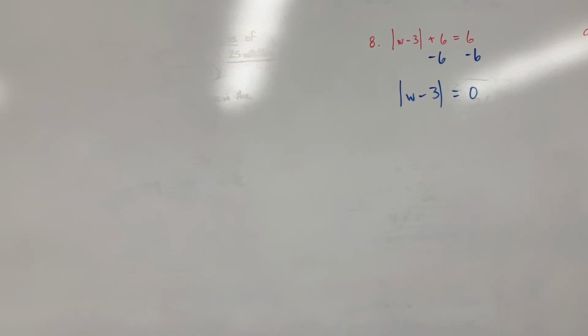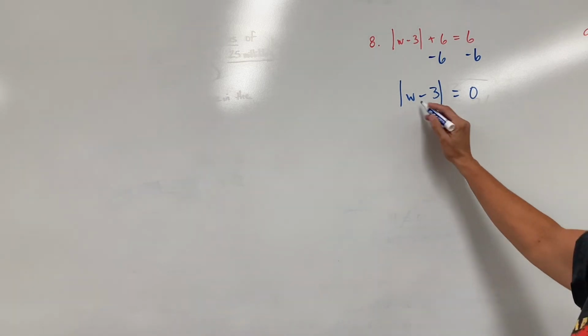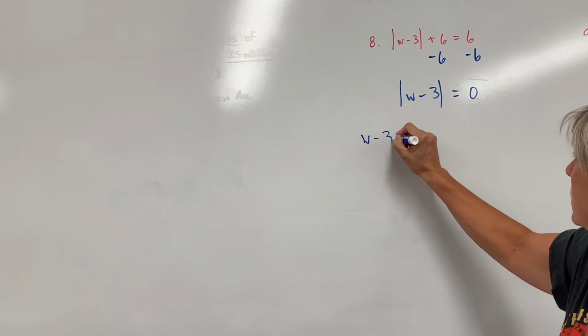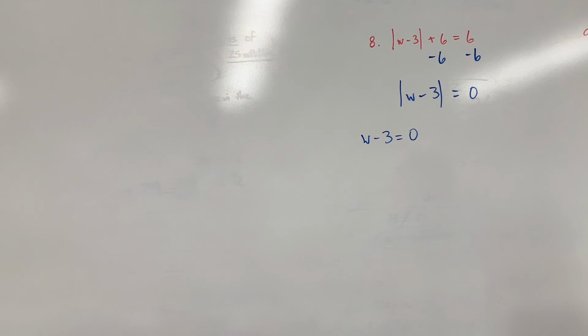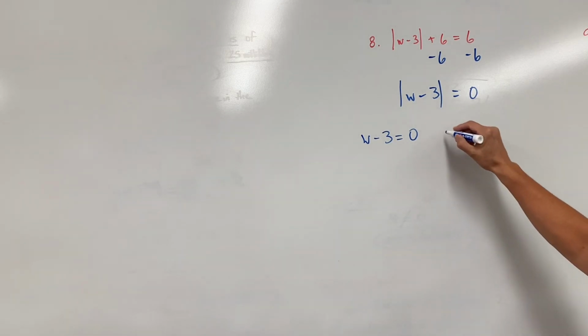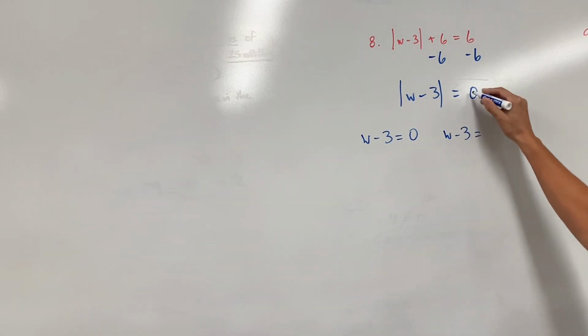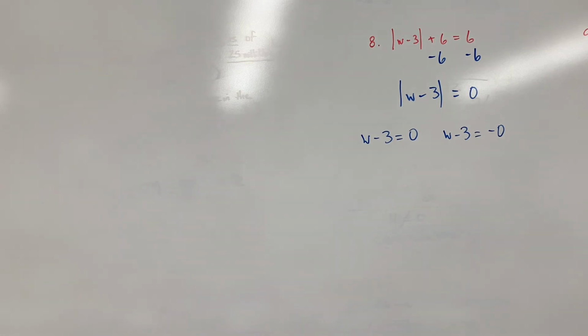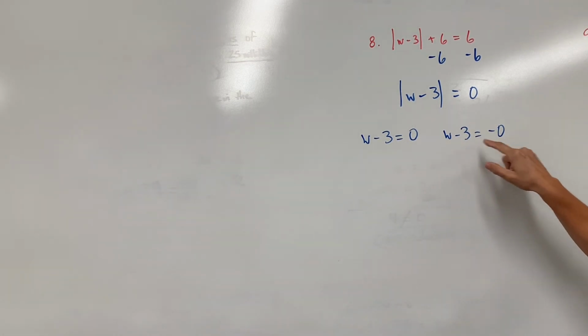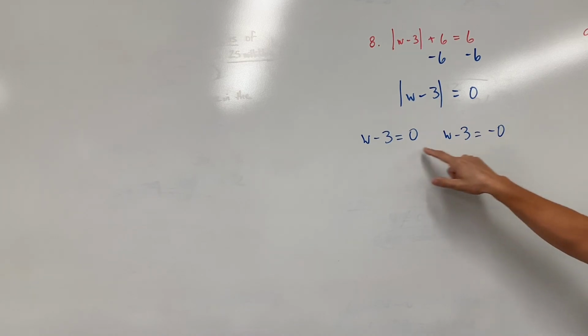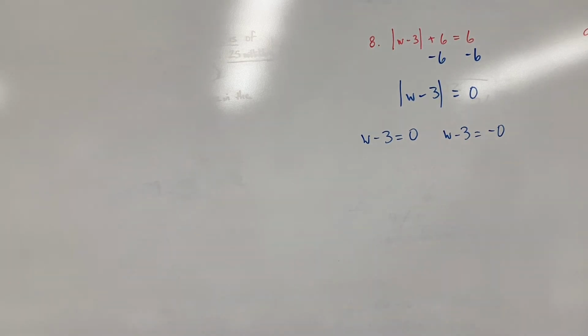The next step is we generally create 2 equations. The first one, we drop the absolute value symbols and just write it as it is. The second one, we do the same thing, but we change the sign of the number on the right side of the equal sign. In this problem, it doesn't matter because -0 is still 0, so we'll get the same answer. We're only going to get one answer out of this question.